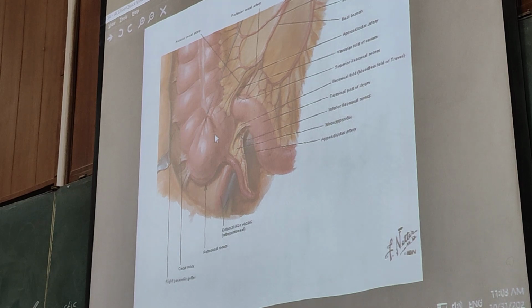The name is so clear. The superior one, anteriorly, has a fold that covers an artery, and the inferior one is bloodless. And the mesoappendix is here and makes the posterior wall of the inferior ileocecal recess.